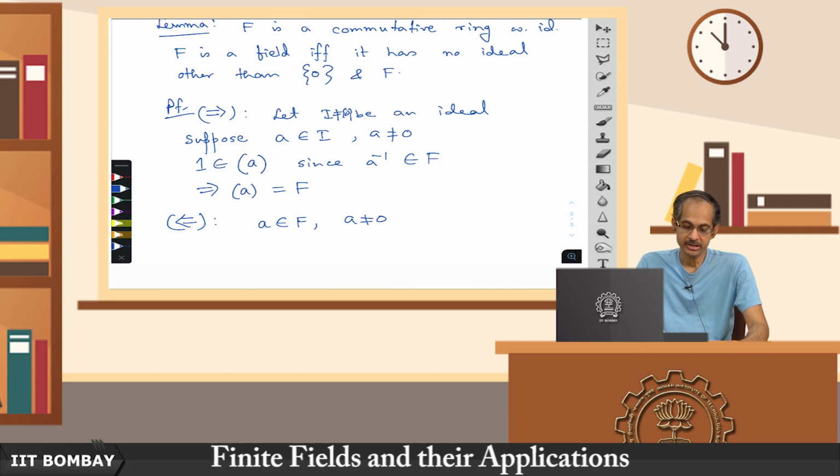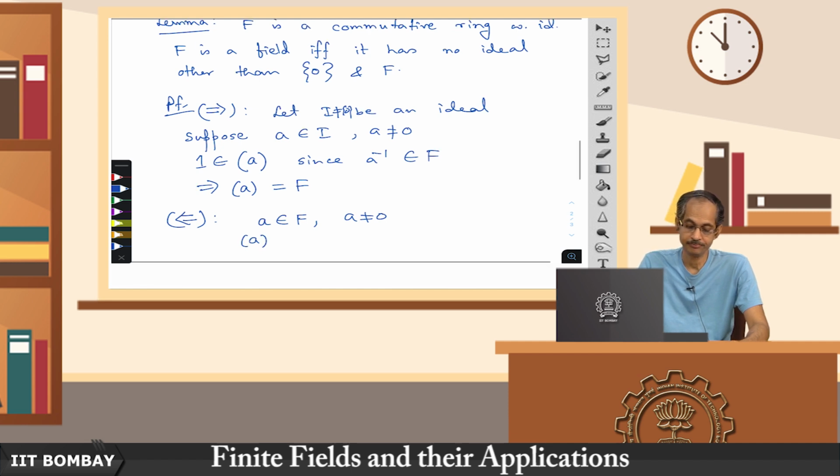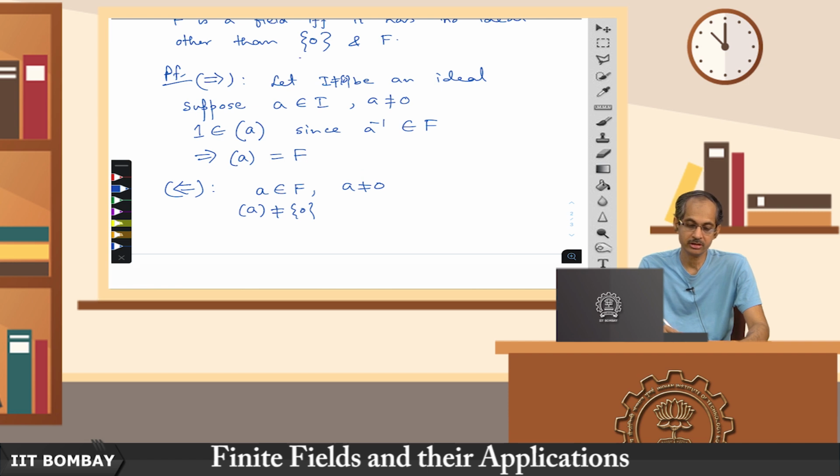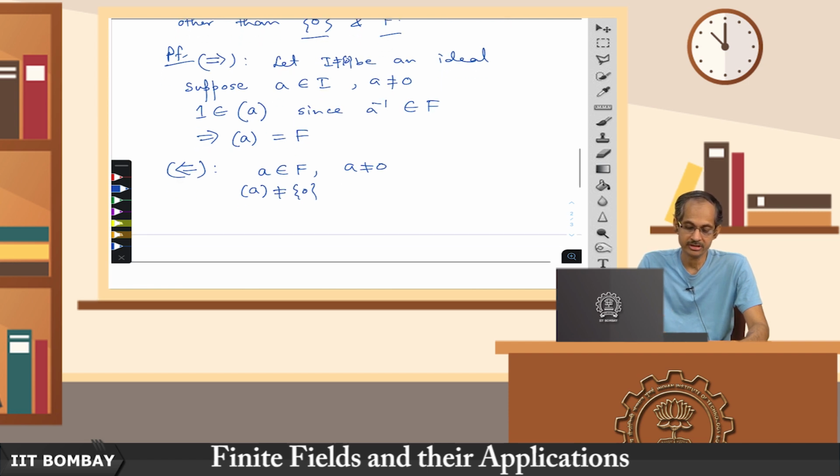So, very similar to the first step, we just consider the ideal generated by A. Okay. Because A is non-zero, this is not the 0 ideal. So, by the given condition, because these are the only two ideals 0 and F, this must be equal to F, the full ideal, the ring itself.